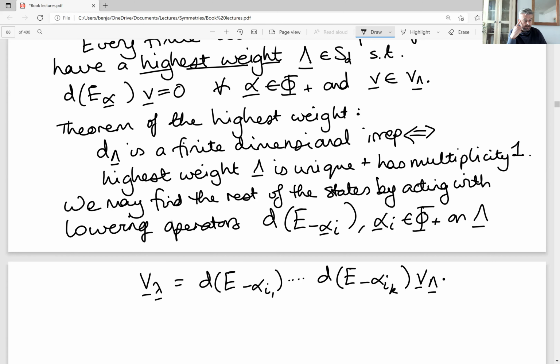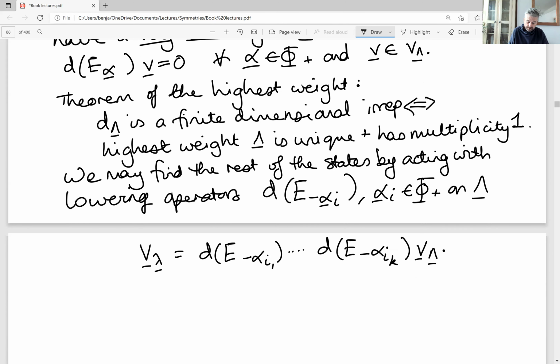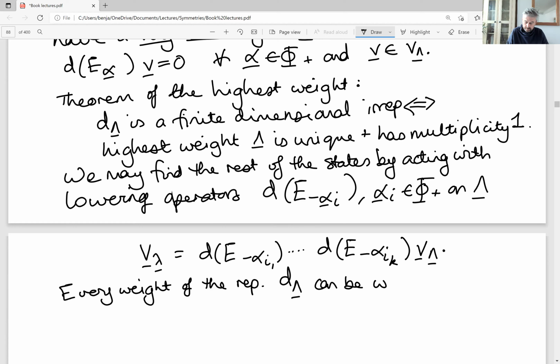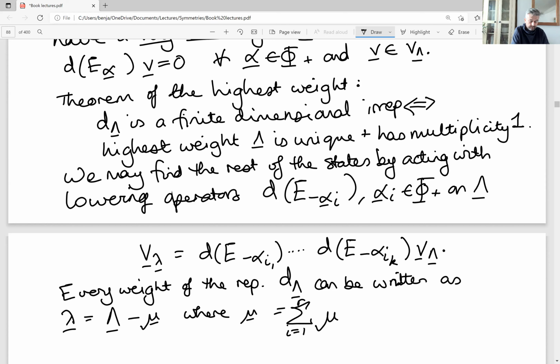So every weight of the representation can be written, and I'm going to call this representation D and label it by the highest weight, as lambda equals the highest weight minus mu, where mu is the sum from i equals 1 to r of mu i times alpha i, with mu i natural numbers.